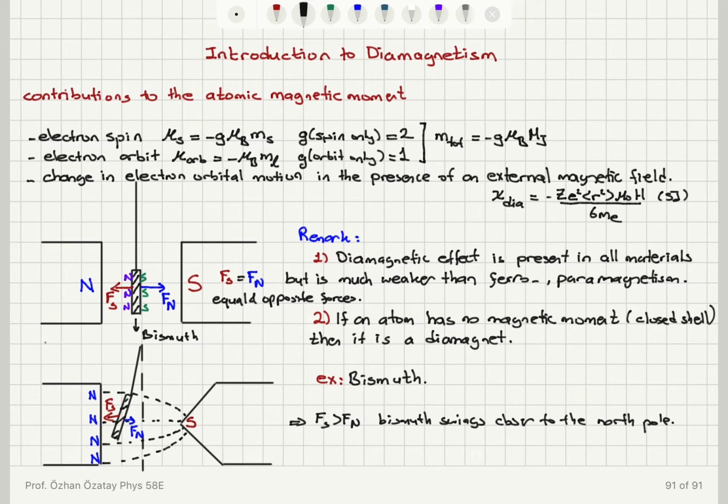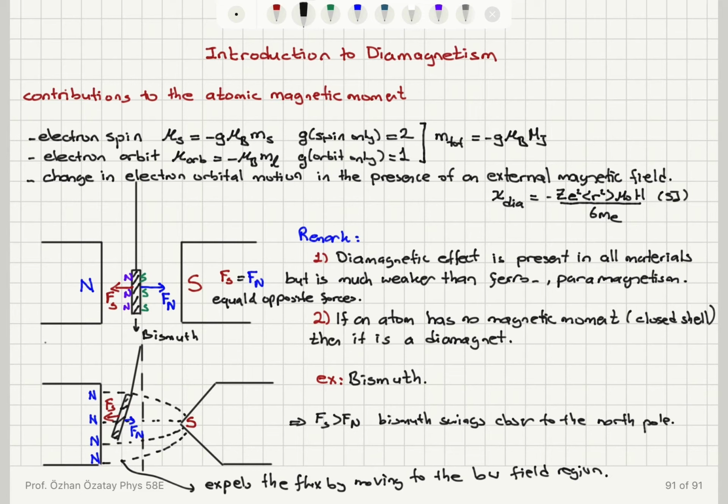And it basically expels the flux by moving to the low field region. So that's one way to show that a material is diamagnetic.